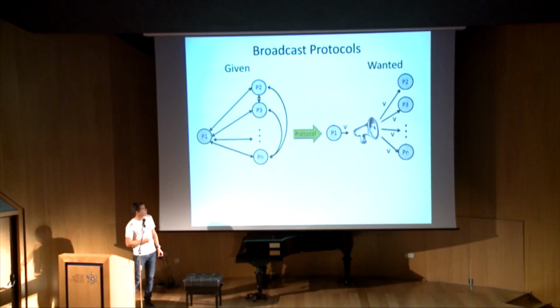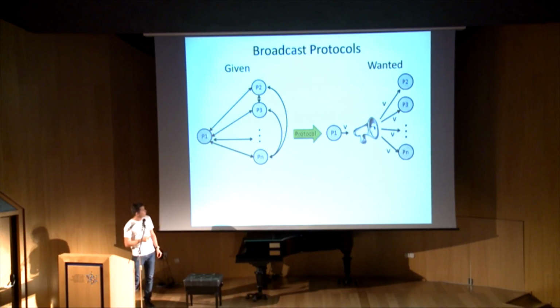What makes this hard is that we assume some of the parties may misbehave. This is so-called active corruption. Some of the parties can be Byzantine and behave maliciously. In this case, the sender, for example, can send different values to different parties, and the consistency property of a broadcast can be violated. He can send zeros to some parties and ones to others, and then they will not have a consistent view of the value that has been broadcast.